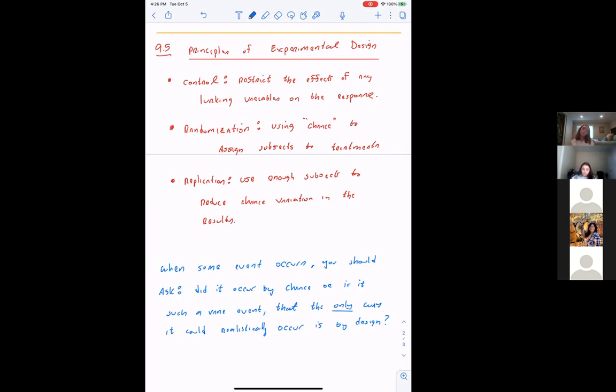And every time we do a test, we're going to get the result of our test. And every time we get the results, we have to ask, did this occur by chance? Or could it only have realistically occurred by design?